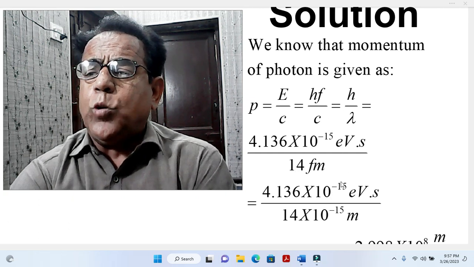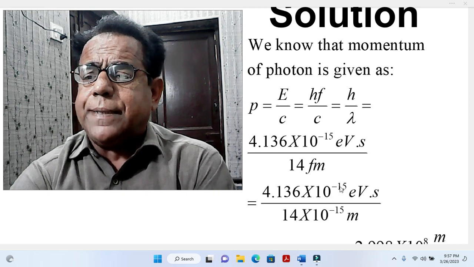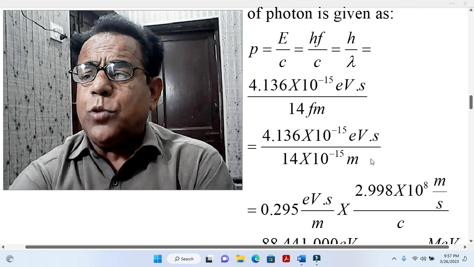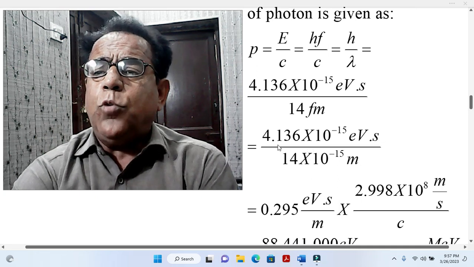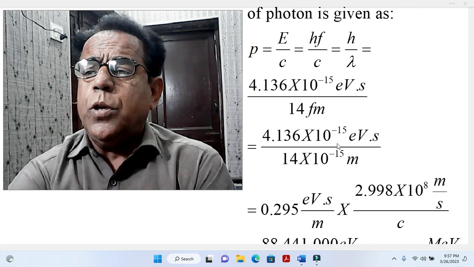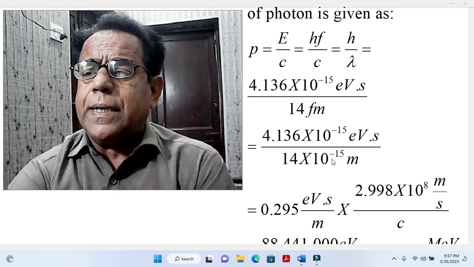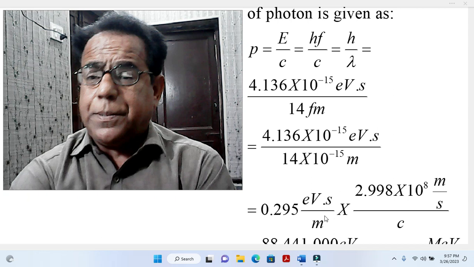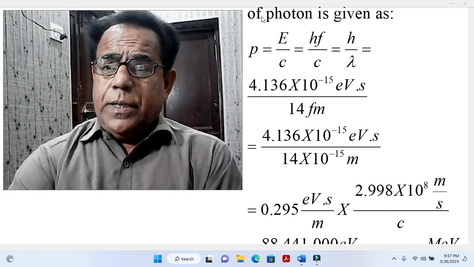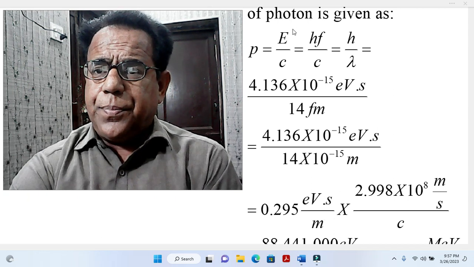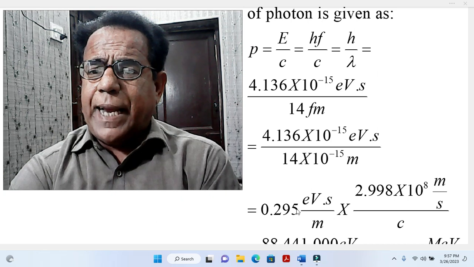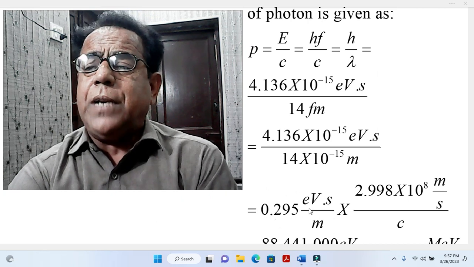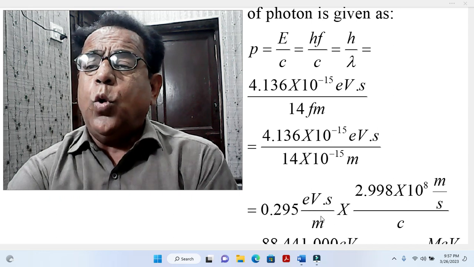So these will be cancelled and we will get our answer in terms of this: 4.136 divided by 14, and we get 0.295 electron volt second per meter. The whole process has been reduced into this factor, 0.295 electron volt second over meter.